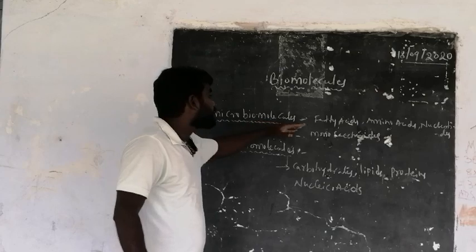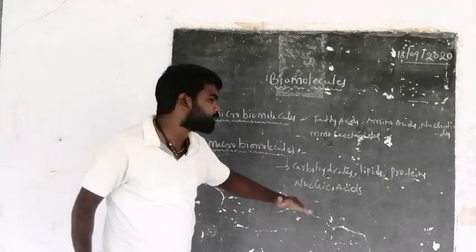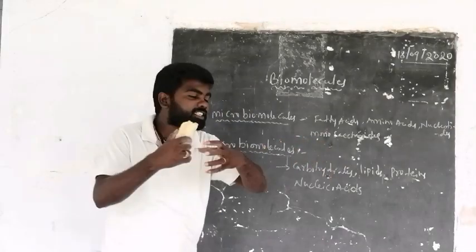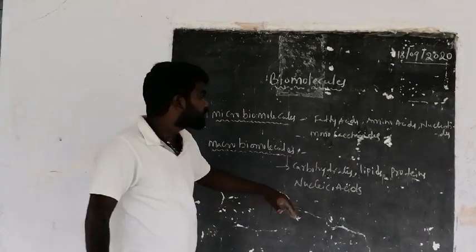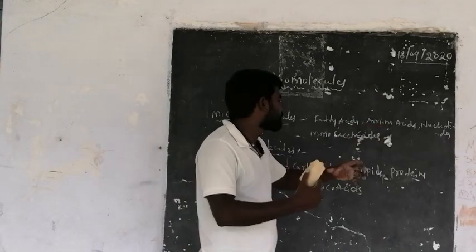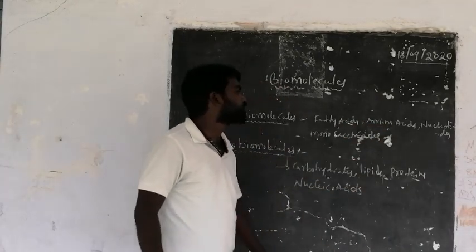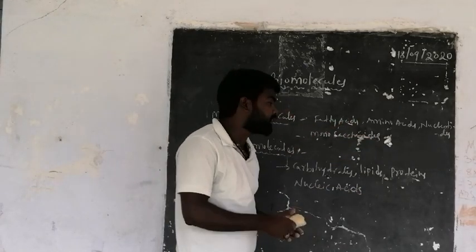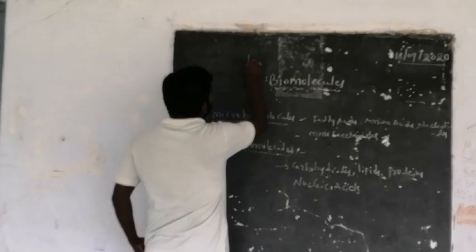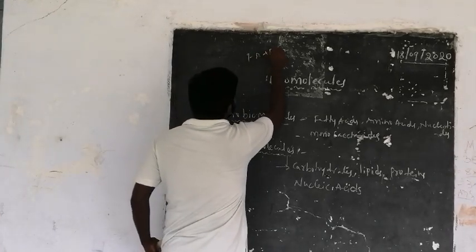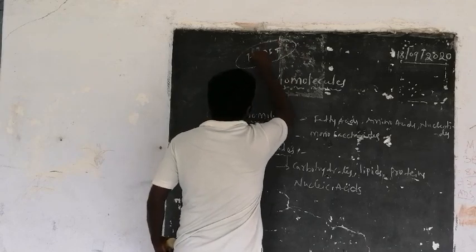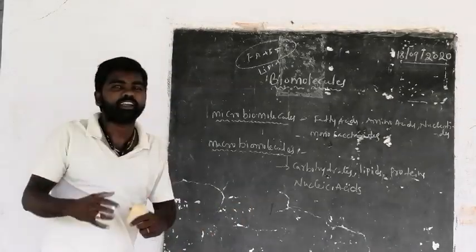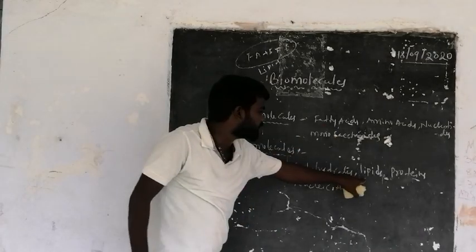Here, all the micromolecules are constructed to form macrobiomolecules. Monosaccharides are constructed to form a carbohydrate, and amino acids are constructed to form proteins. A combination of fatty acids, fatty acid plus fatty acid and so on, forms a lipid.